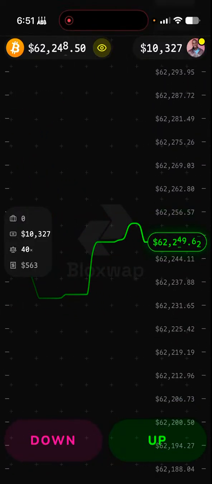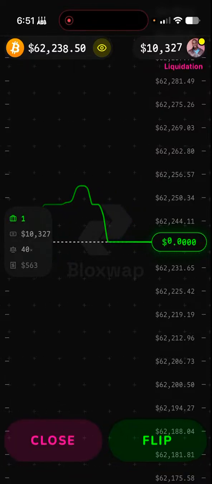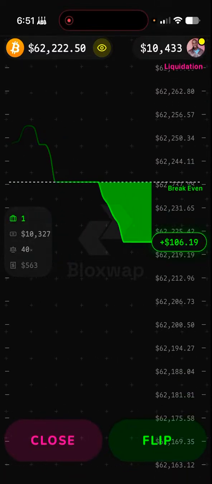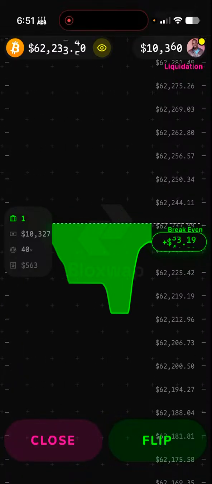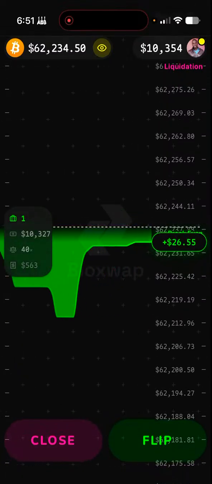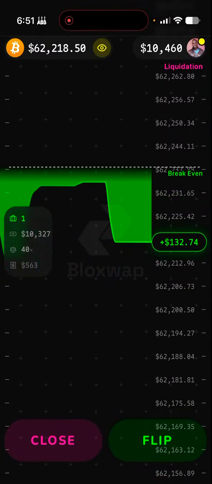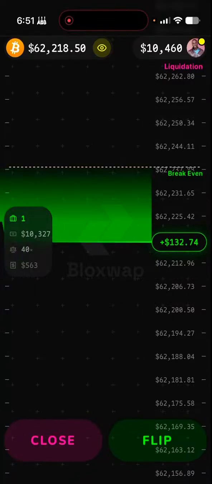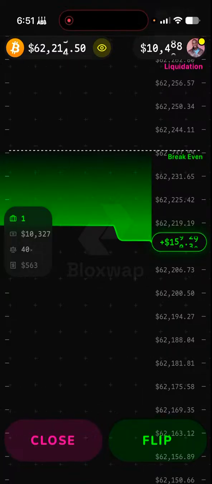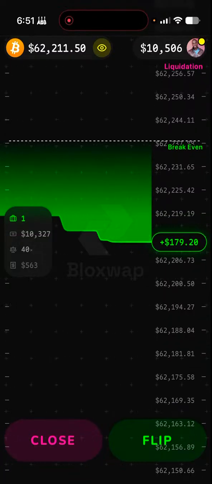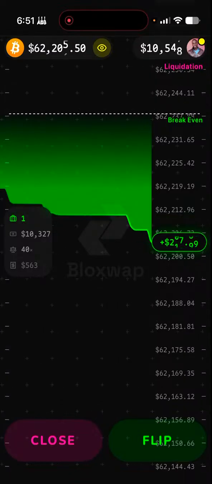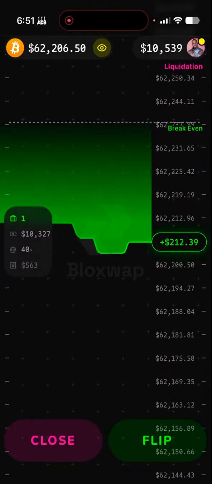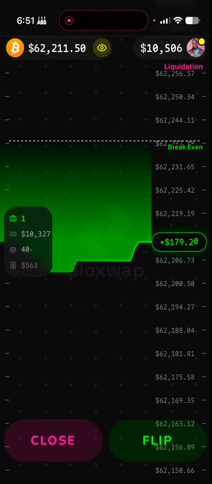We bullish or bearish? Let's say down. So now, if that was a real position, I would have to clear the $563 of fees, but you can see how much money is being made every time the price moves. That little move, that's $150 right there. So these are huge price moves because we basically have $10,000 with 40x leverage.